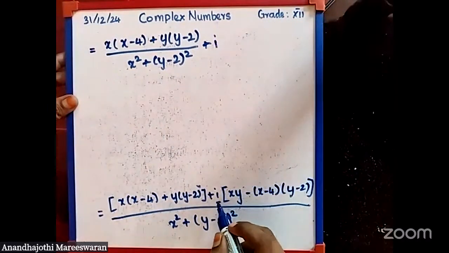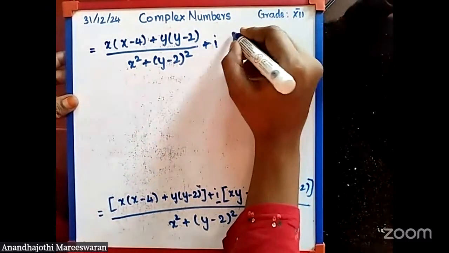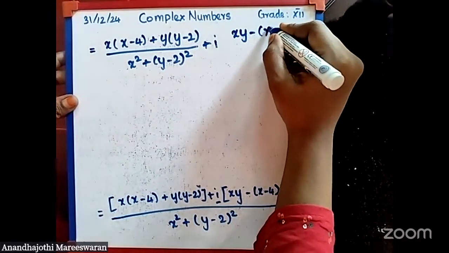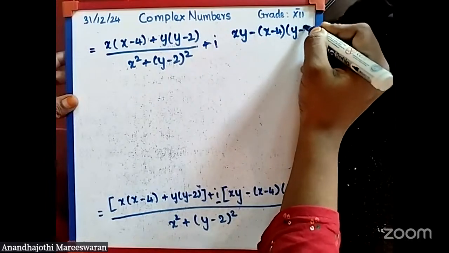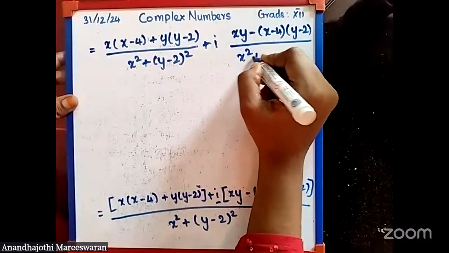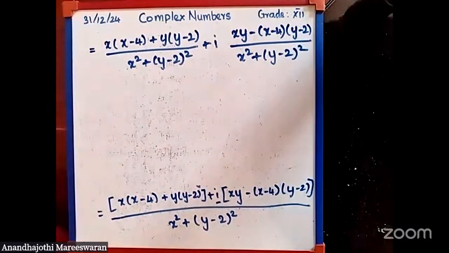So I keep i as common. So what else we have here? x minus y minus of x minus 4 multiplied by y minus 2, divided by x squared plus y minus 2 the whole square, right?